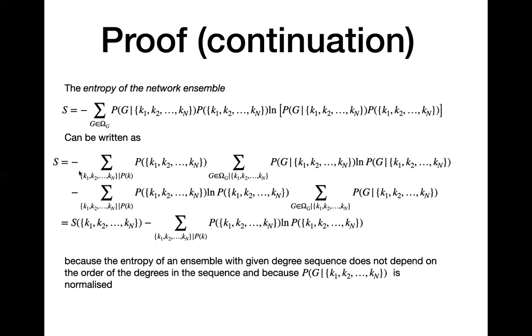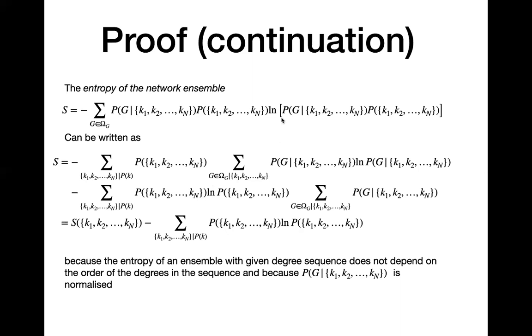So I will have a sum over all the graphs. I can write it as the sum over all the degree sequences, given a given degree distribution, and then the sum over all the graphs that satisfy that degree sequence.